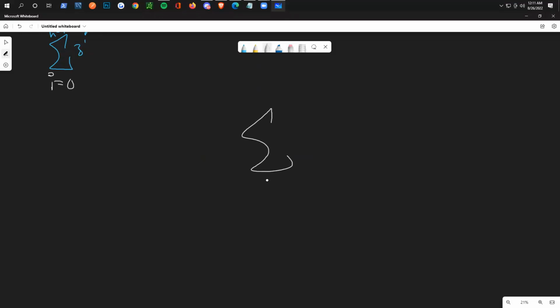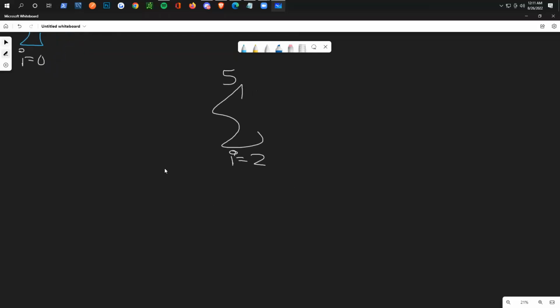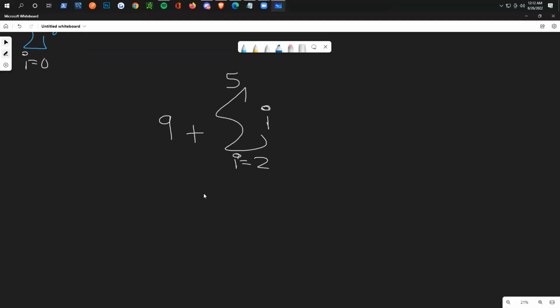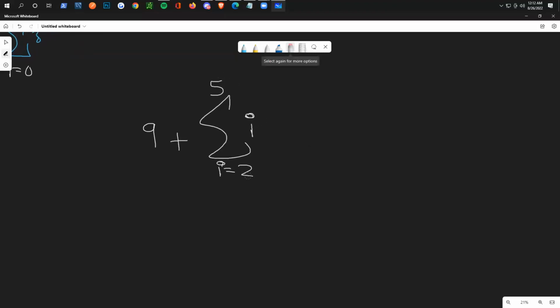So what I mean by that is, let's say you had i equals 2 to 5, with i inside the summation, and let's make it a little more difficult to see, so let's say you do plus 9. What is this really equivalent to?